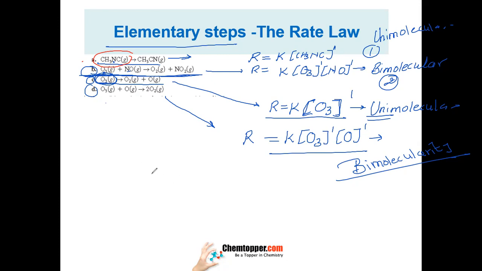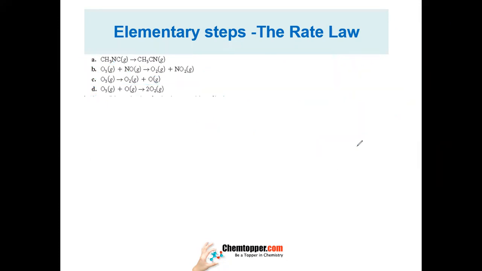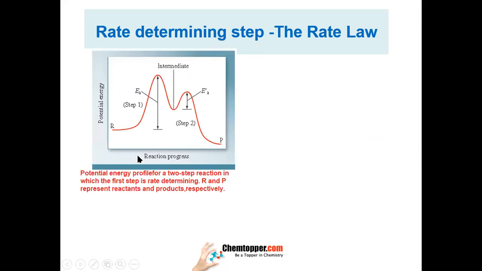Now I'm going to show you the energy profile. You have understood how to write down the rate law for elementary steps. Now let's see the energy profiles. So let's say A is giving you B, B is giving you C. Can you add these two reactions?